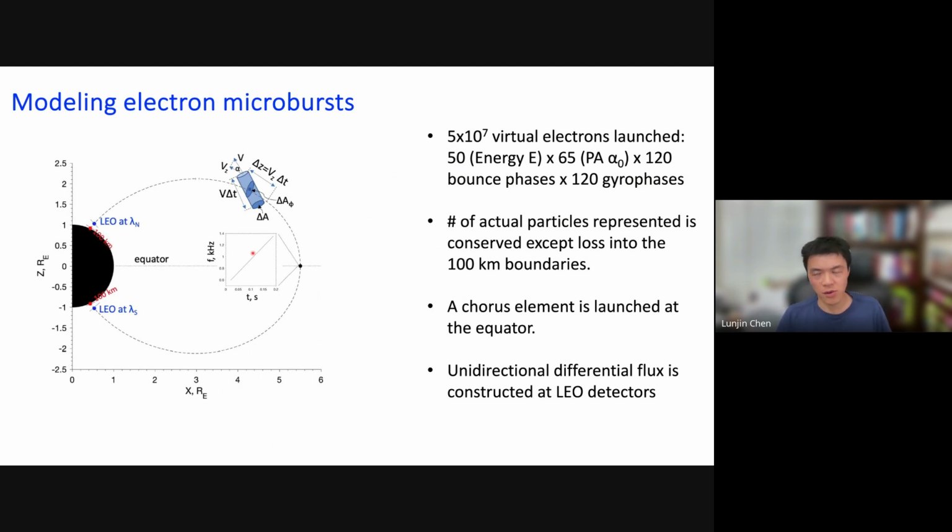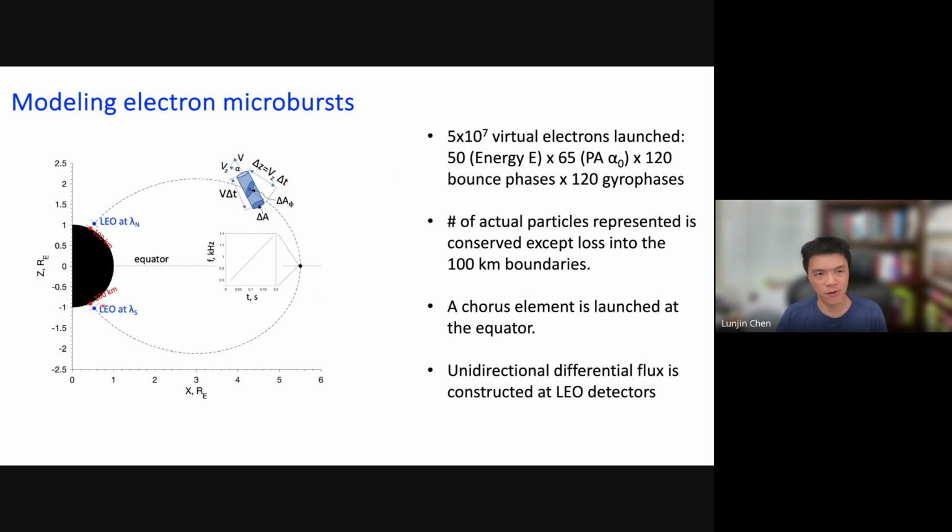The way to run this model is we set up the chorus wave and get the input, specifying the equatorial chorus properties. Then we solve the wave equation and construct the wave field due to this chorus element at the equator. Then we launch particles and trace all the particles' behaviors.